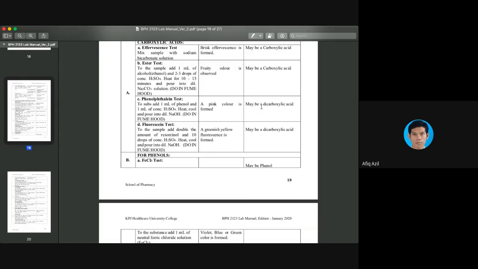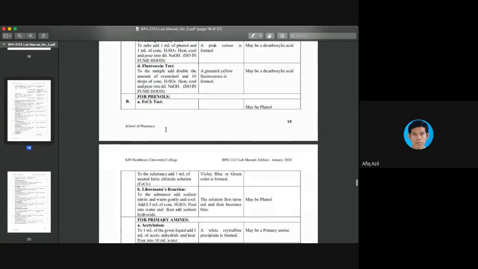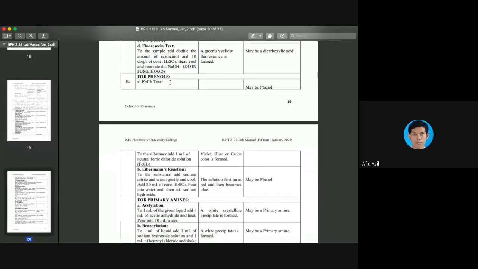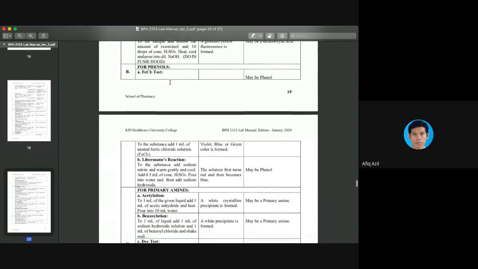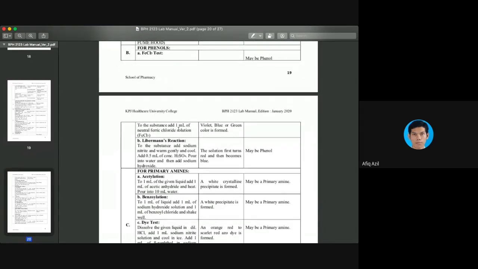Okay, so this is for dicarboxylic acid: the phenolphthalein test and also the fluorescein test. And then for phenol, the first test is the iron chloride test, and then you have the Liebermann reaction.